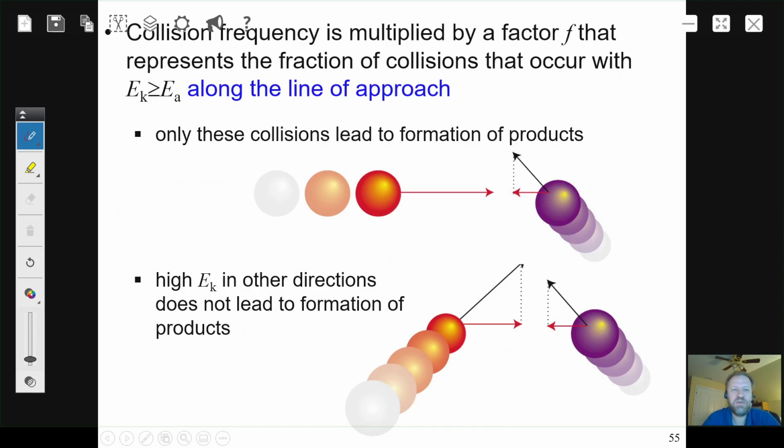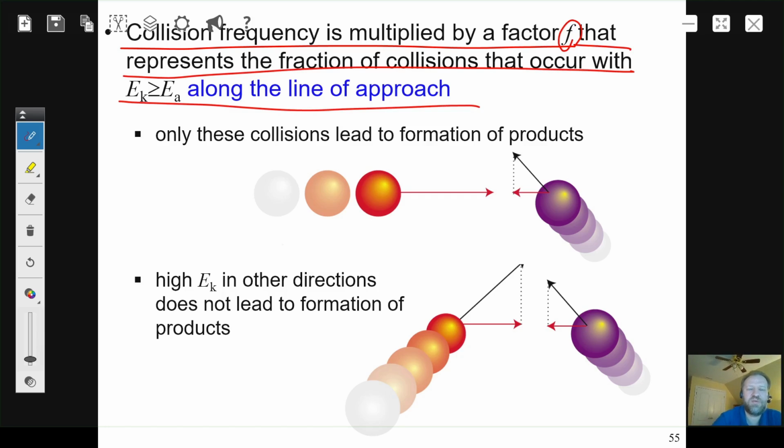Now, at the same time, collision frequency must be multiplied by a certain factor, let's call this F, that represents the fraction of collisions that occur with sufficient kinetic energy along the line of approach. And again, that kinetic energy along the line of approach has to be equal to or greater than the activation energy, for only then may the molecules go over the activation barrier.